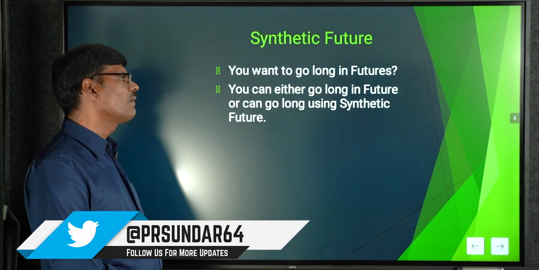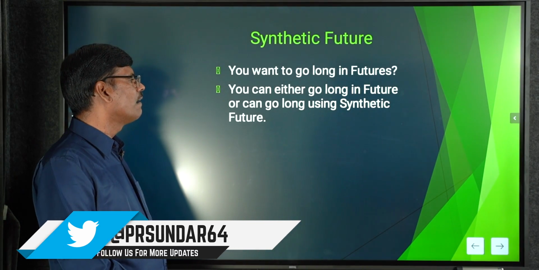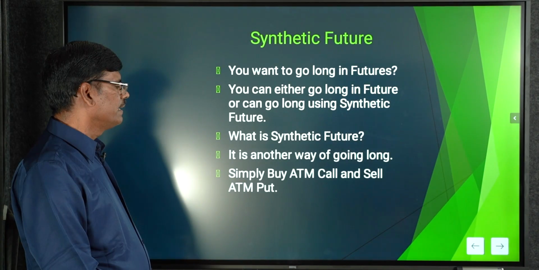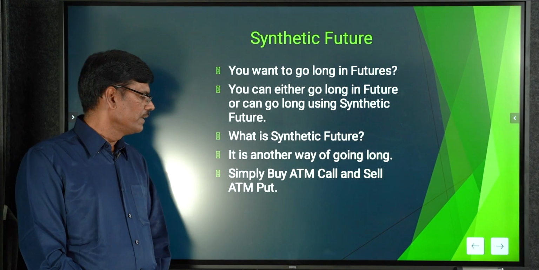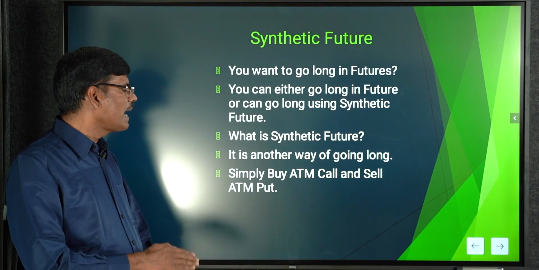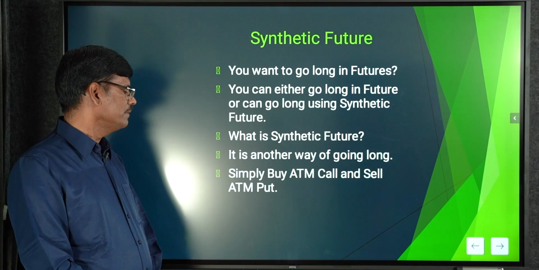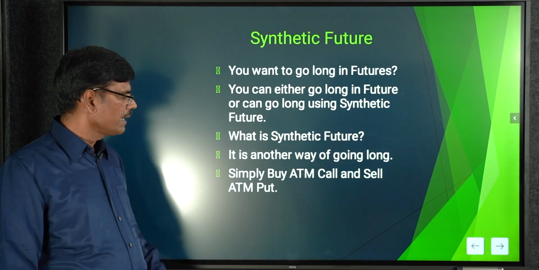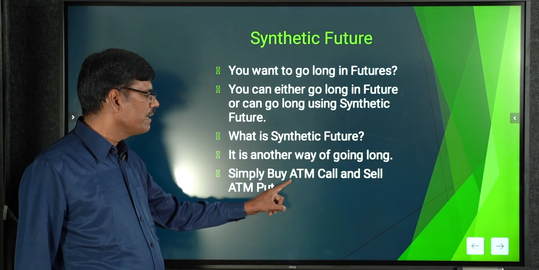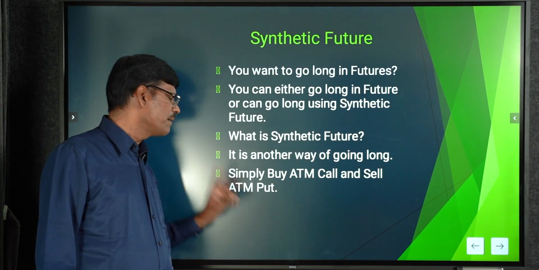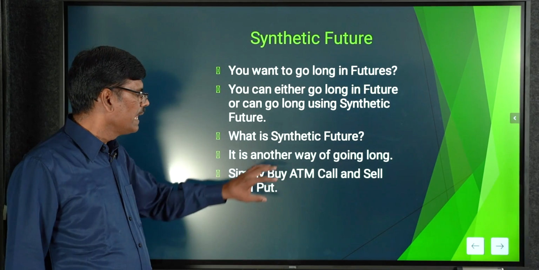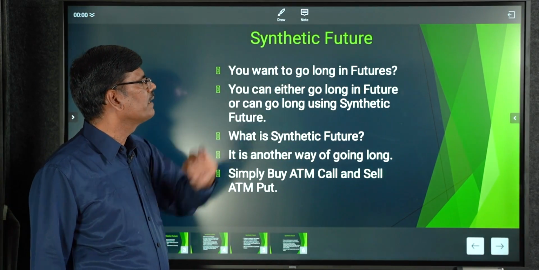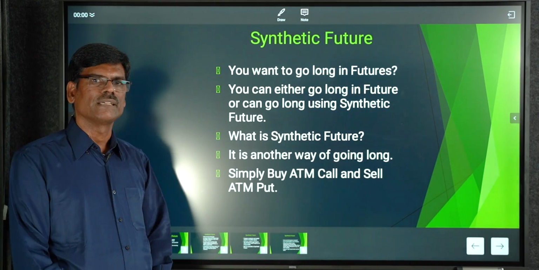You can either go long in Nifty futures or you can go long using synthetic future. And the idea is you simply buy an at the money call option and sell an at the money put option. Listen carefully, you buy an at the money call option and sell an at the money put option. This effect will be exactly the same as going long in futures.